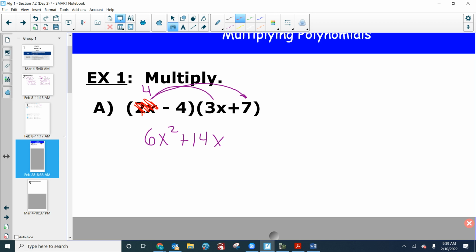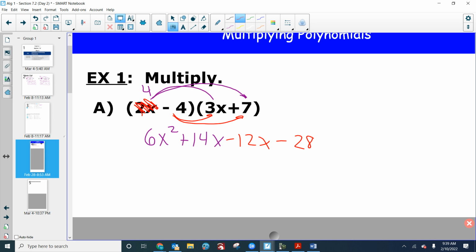All right. Evan, go. Negative 12x minus 28. Nice job. Matthew, what are my like terms? 14x and negative 12x.